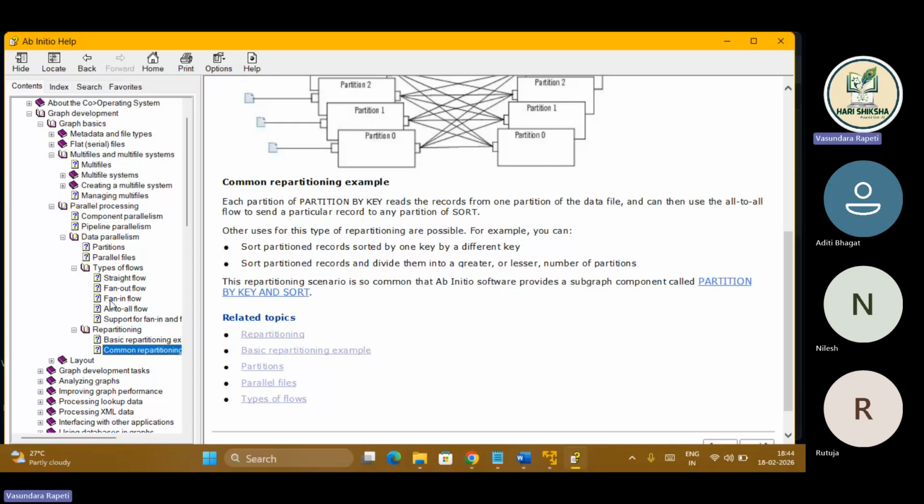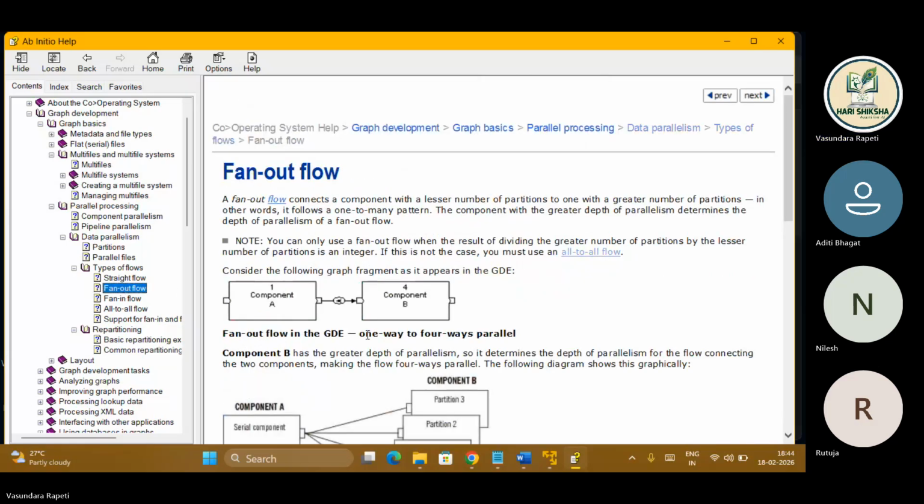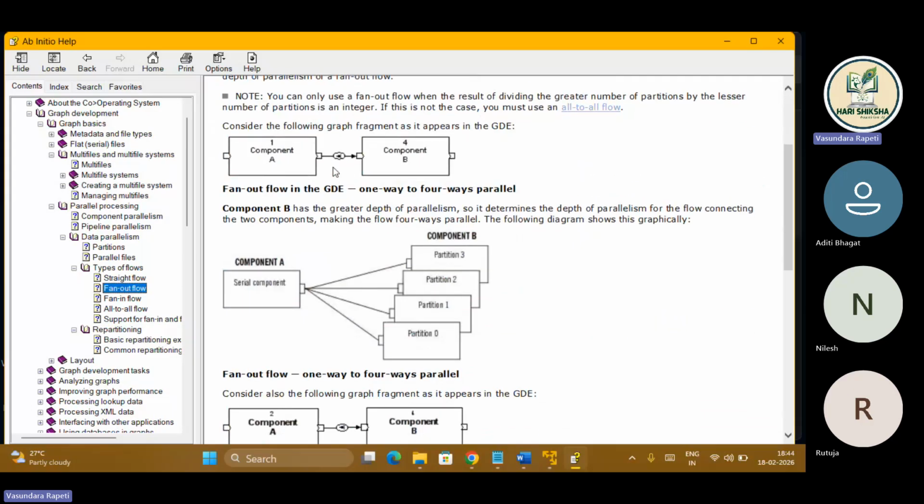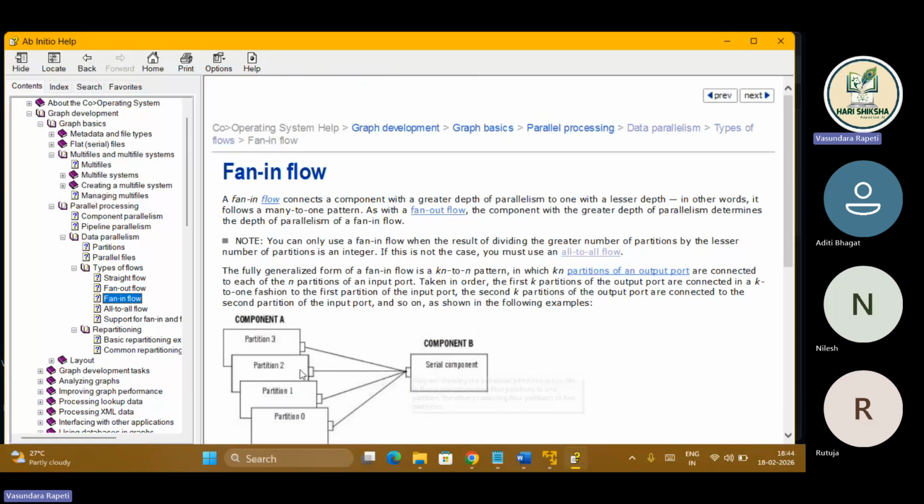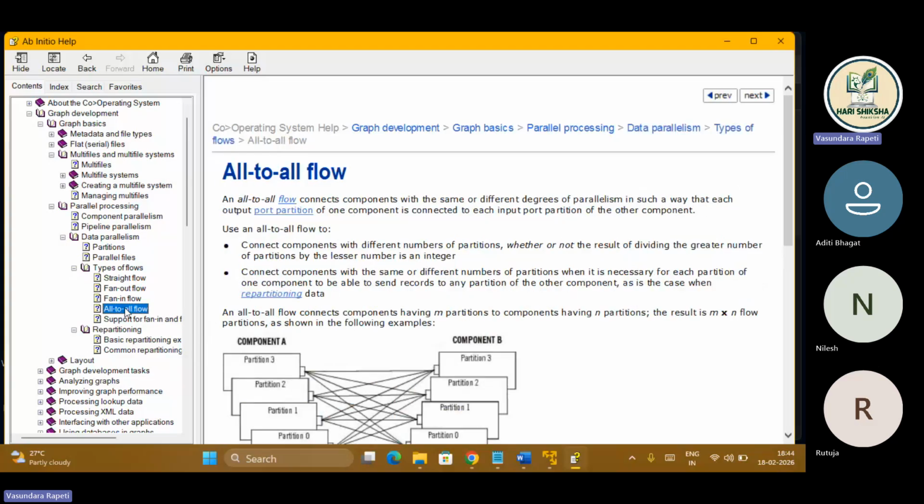So in partitioning we have discussed all this: straight flow, fan out flow. Fan out means partitioning, dividing the data. By the symbol itself, we can see the data being divided into multiple branches. Fan in flow is combining the data, the departitioning component. All to all flow.